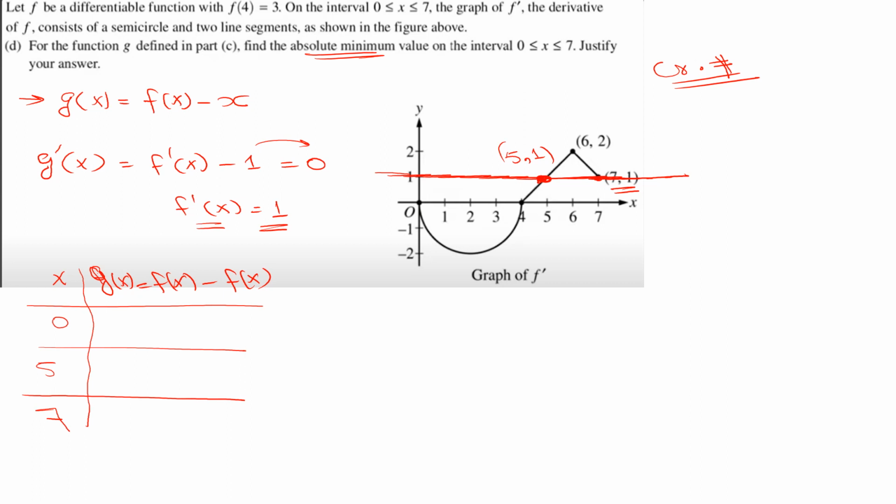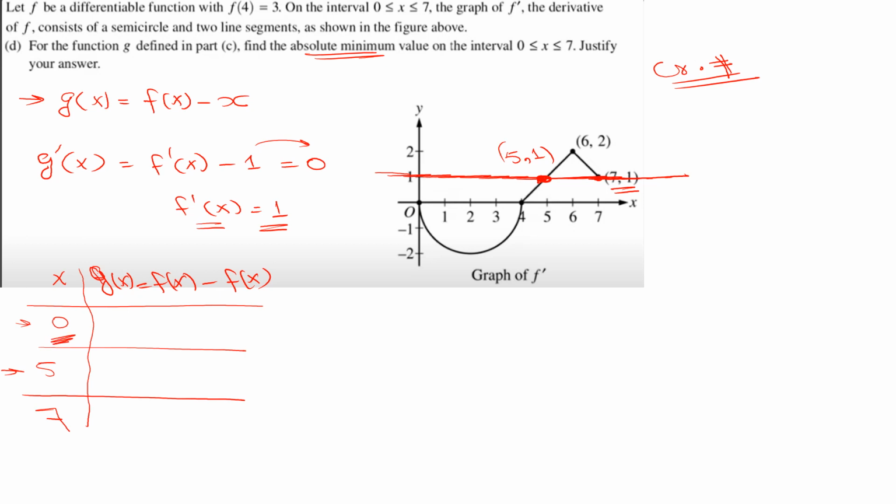We know that the absolute minimum or maximum can be found at the endpoints or at the critical numbers. So how can we calculate? We already calculated f of 0, and we already have calculated g of 5 and f of 5. But one more time, how to calculate g of 0.